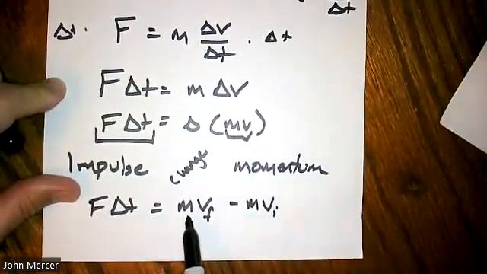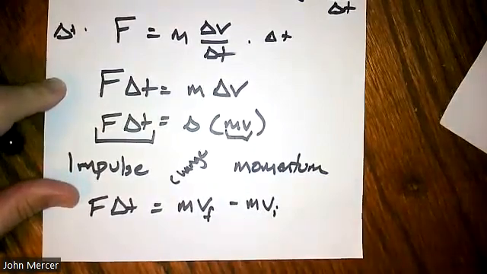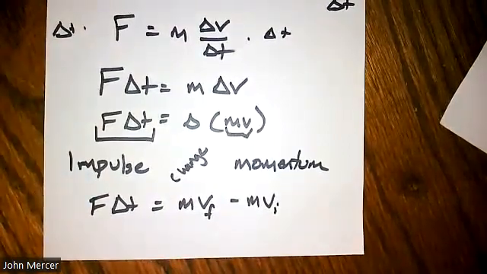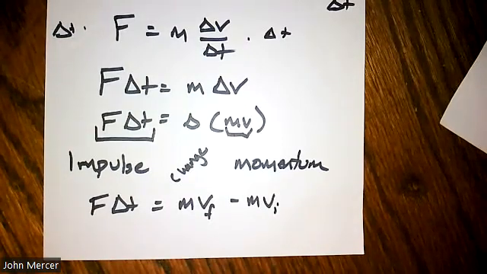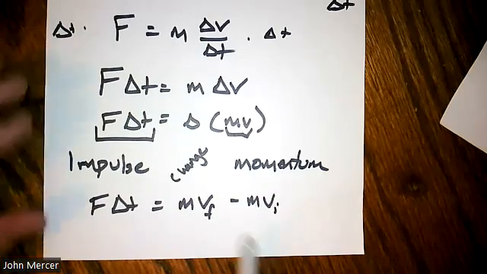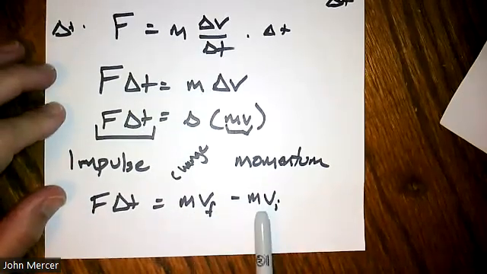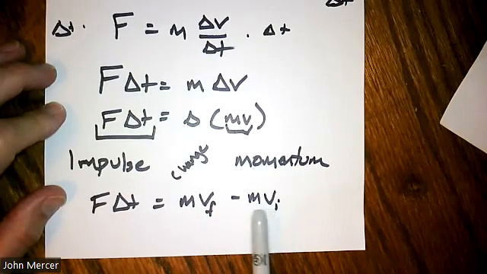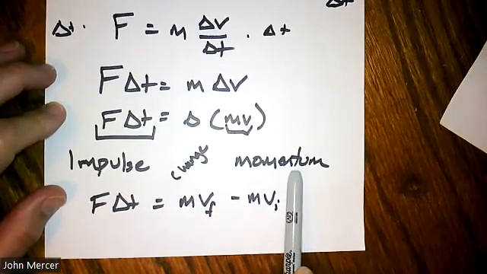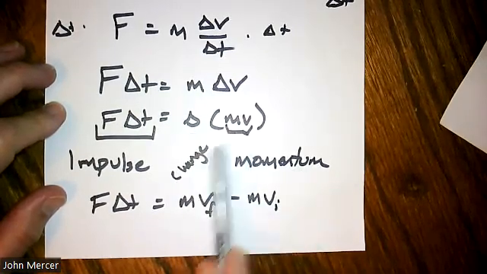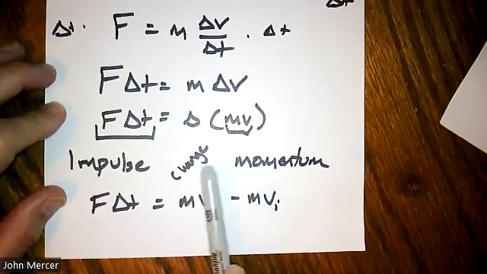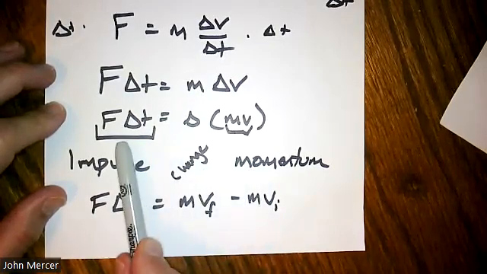Now notice I did not put an f or an i for mass because we're going to consider mass to be constant. But you can see where I could keep mass as not a constant and deal with that. In any case, I have final momentum minus initial momentum. The mv is momentum. The delta mv is the change in momentum. And we have a change in momentum due to an impulse.